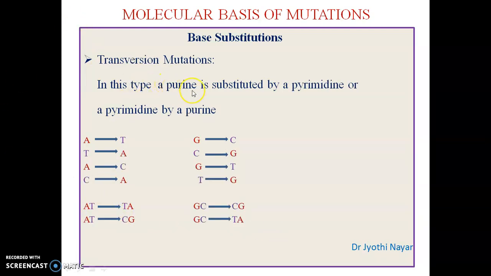Transversion mutations occur when a purine is substituted by a pyrimidine or a pyrimidine is substituted by a purine. There are 8 different types of transversion mutations.